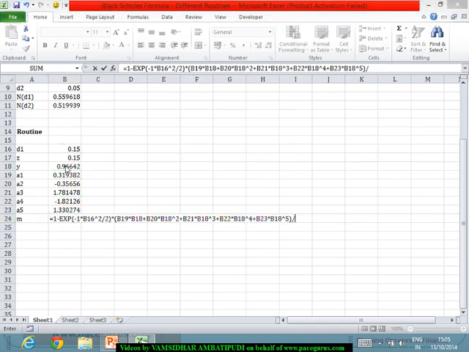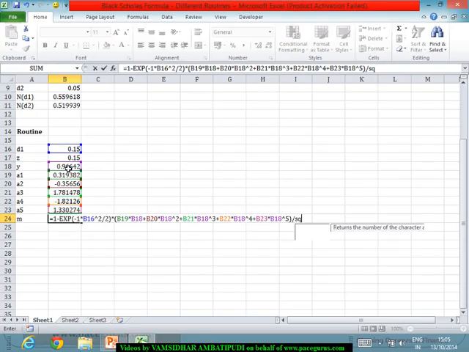This entire thing divided by square root of 2 pi. So square root of 2 times pi.